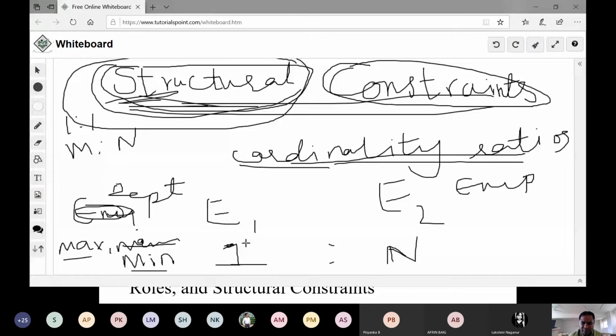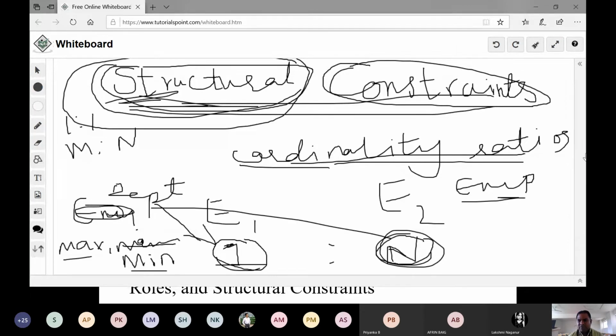Now, what did I say? 1 is to n. When I'm talking with respect to department, I will talk in terms of the employee on the department side. This 1 is the value of whom? Employee. This is the requirement: every employee should belong to only one department.